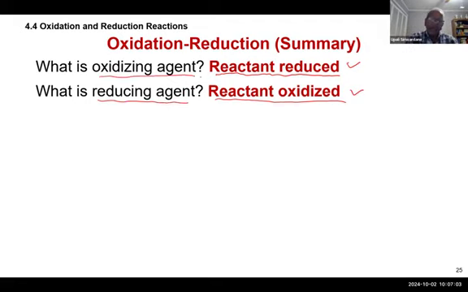This is because oxidation and reduction take place simultaneously. Therefore, one gets reduced, and this one oxidizes another reactant, so it becomes the oxidizing agent. This is kind of opposite of what they are undergoing. Agent is what they're doing.